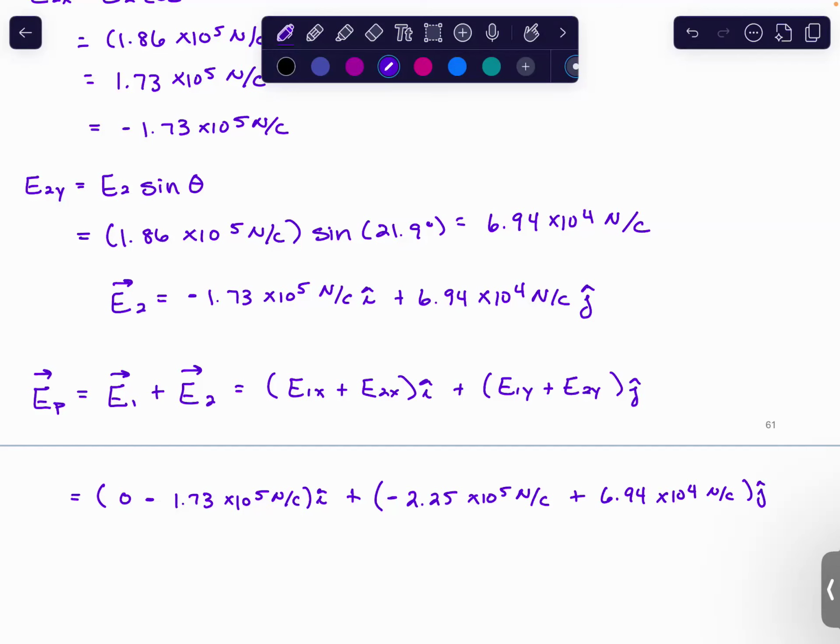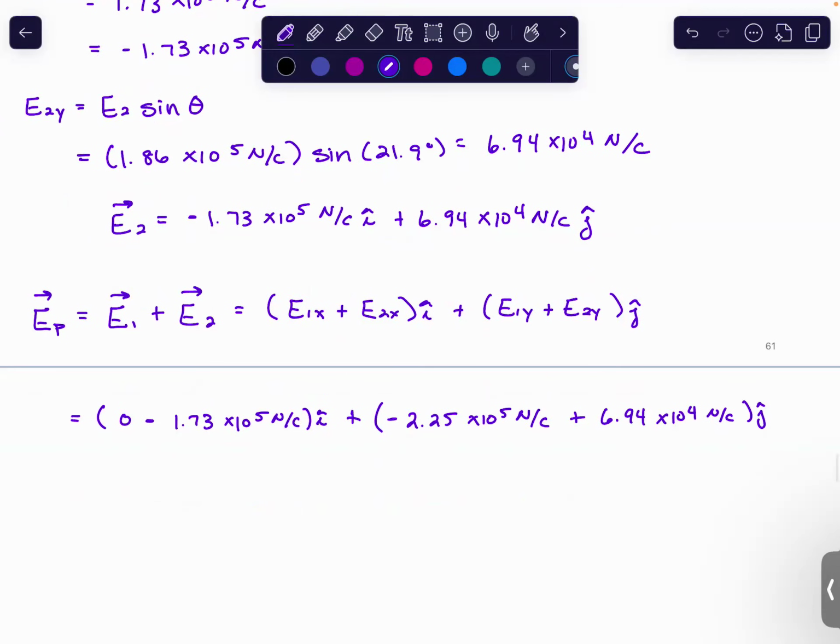And that's your J hat. The field at point P is going to become negative 1.73 for the I hat, and then minus 1.56 times 10 to the 5th for your J hat. So we have a nice third quadrant vector.